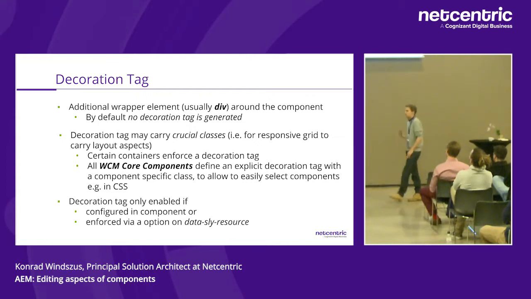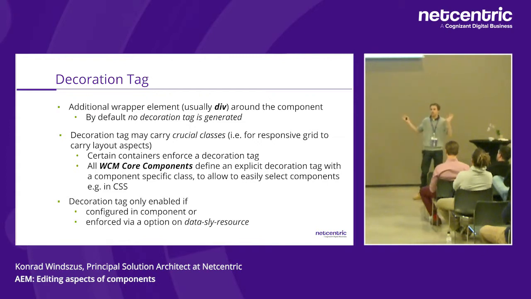What is the actual purpose of the decoration tag? The actual purpose is that this tag carries crucial information about, for example, the layout. When you think about the responsive grid, I don't know whether you worked with that. That's basically an enhanced paragraph system which allows you to configure certain styling. So you say you are in a grid system and you want to span your component, for example, 4 columns of the overall 12 columns, something like that.